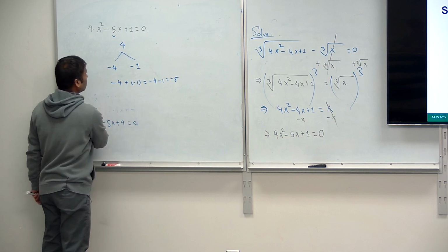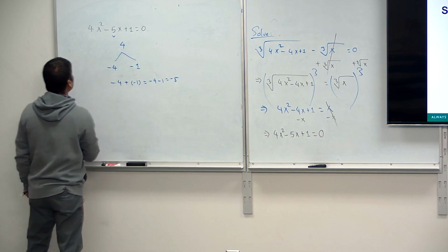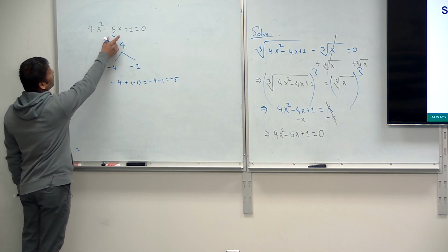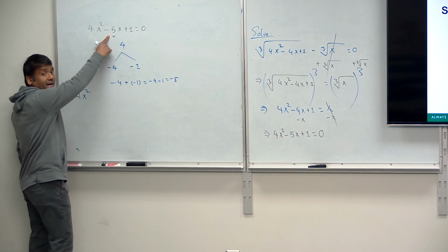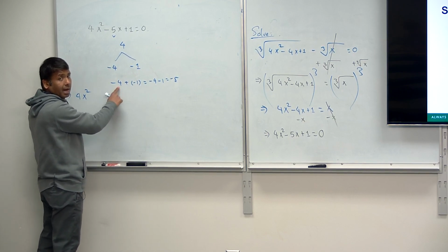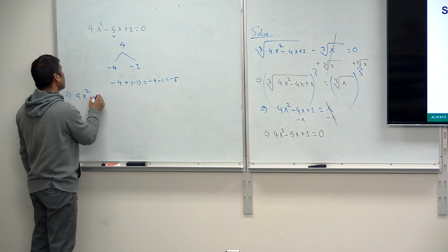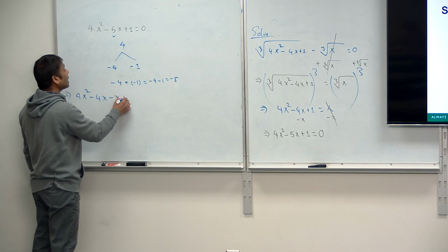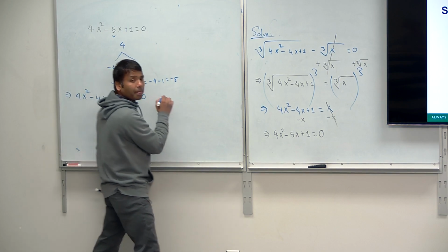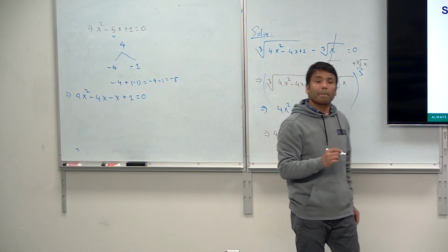So now what you need to do is, this is 4x squared, and you split. You rewrite -5x as the sum of -4x and -x. So 4x squared minus 4x minus x plus 1 equal to 0. Is that right? Good?